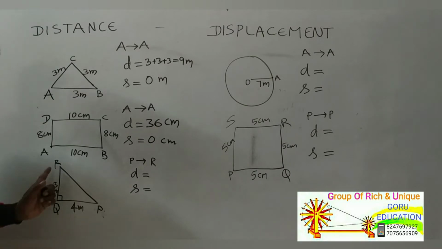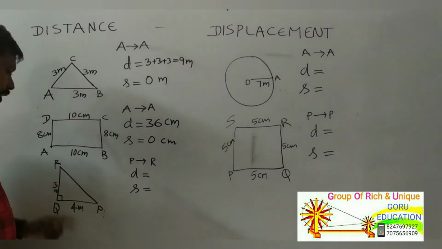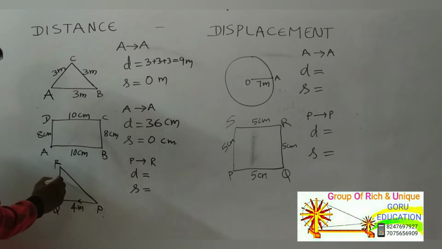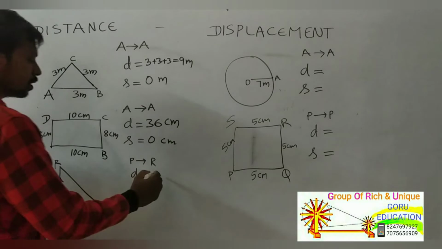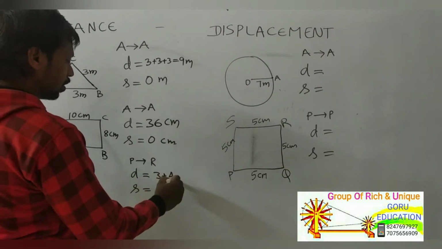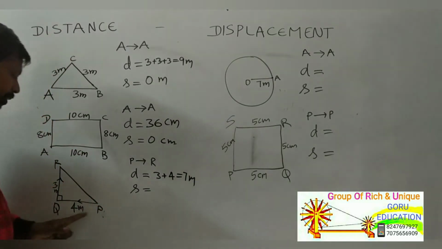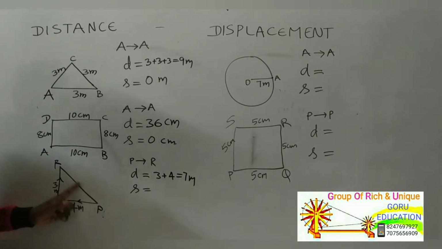Next, it is a right angle triangle PQR, 3 meters and 4 meters. What is the distance and the displacement from P to R? The distance from P to R is 3 plus 4 equal to 7 meters. Displacement is the shortest distance PR.